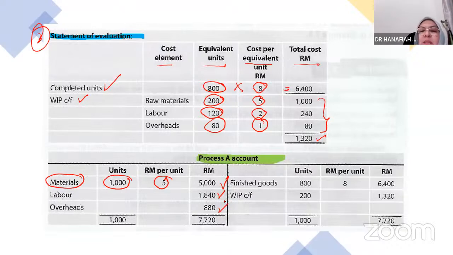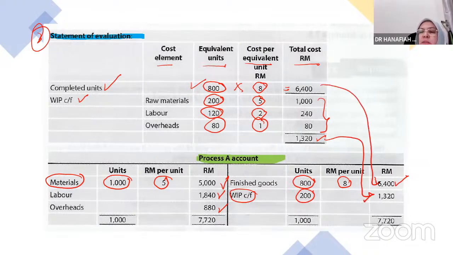And then the finished goods that we have from the process is 800 and the cost of the finished good is 8 ringgit. All right, here. Okay, so 6,400 and the work in progress is 200, where we transfer this into here and this here.